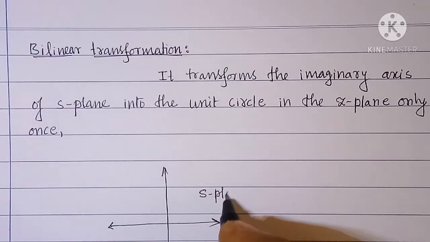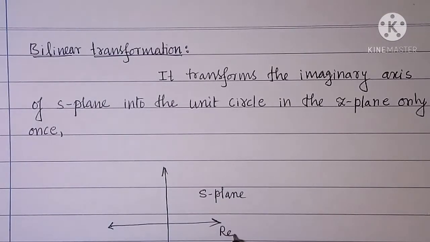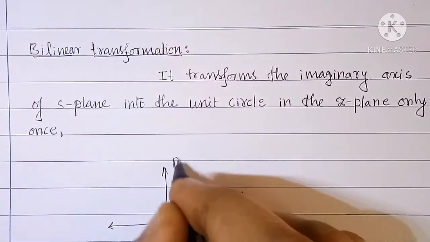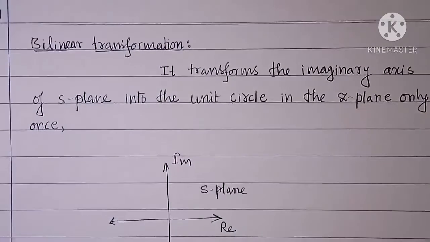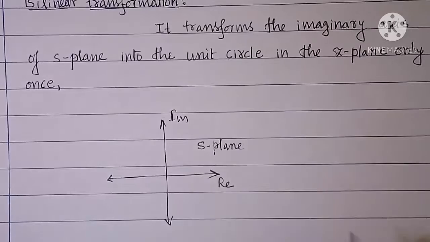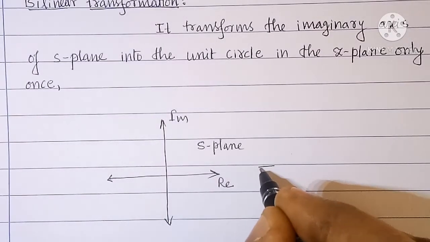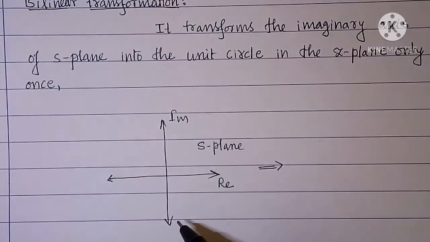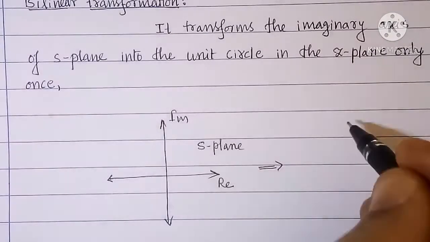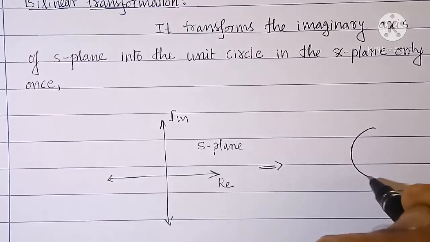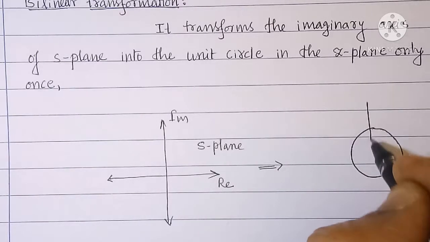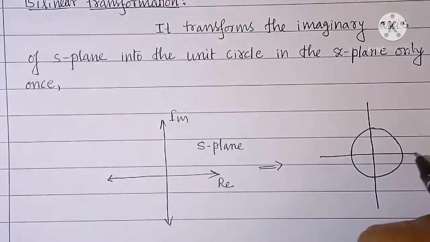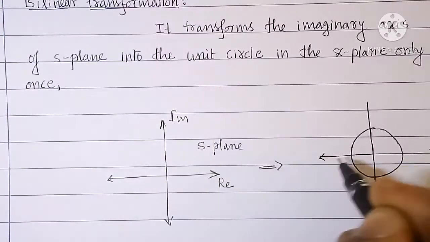if here we have the S plane with real axis and imaginary axis as shown, then the bilinear transformation will map or transform this imaginary axis into a unit circle in the Z plane.